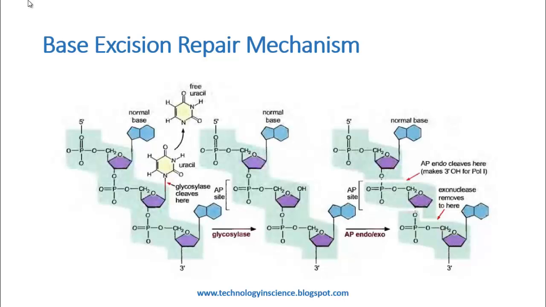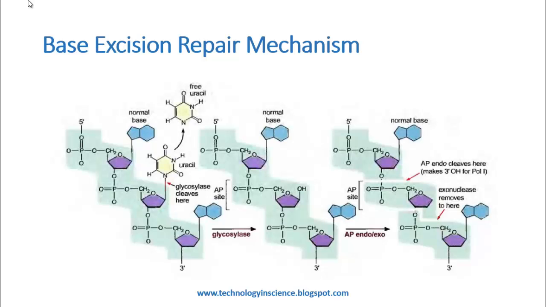So the enzyme uracil glycosylase will come into action here, which will specifically remove uracil, but it will not cleave the DNA backbone. Only the damaged or wrongly incorporated base is removed. So uracil glycosylase comes here and cleaves that particular uracil and removes it from there.